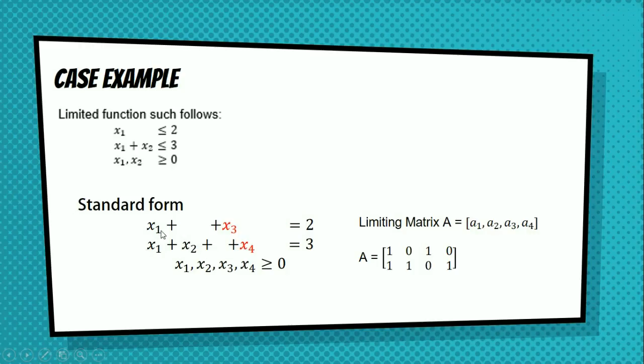So in the first equation we add x3 as a slack variable in the red part, and in the second equation we add x4 as a slack variable also. Okay, x1 plus x3 equal to 2, x1 plus x2 plus x4 equal to 3, and all the conditions must be greater than or equal to 0.